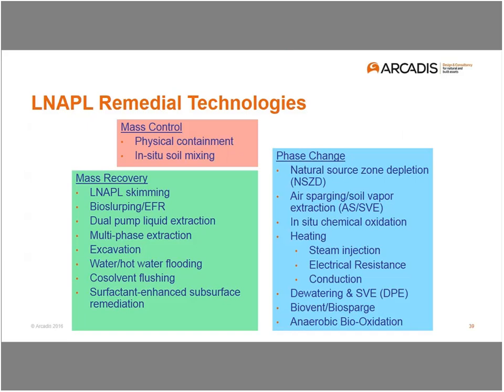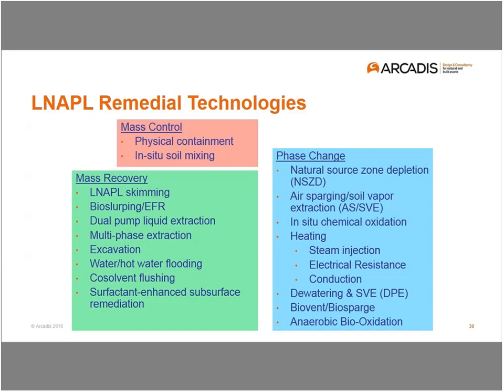So here are a bunch of LNAPL remedial technologies pulled into these different groups. So we have mass control technologies, mass recovery technologies, and phase change technologies. And you can see a lot of common technologies in there, a lot of uncommon technologies, maybe some that have only been used a few times. One thing to know about these categories is they are not hard and fast.